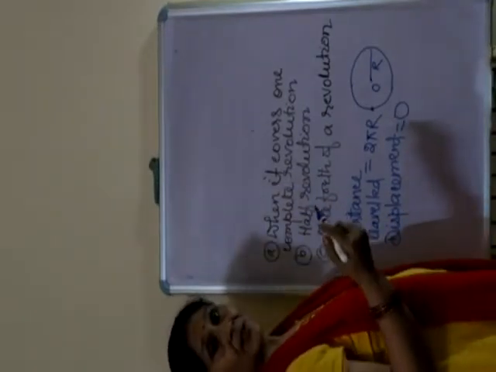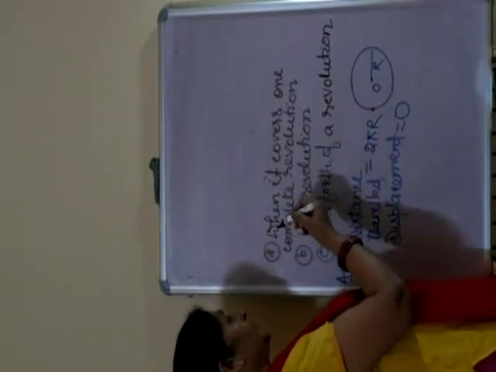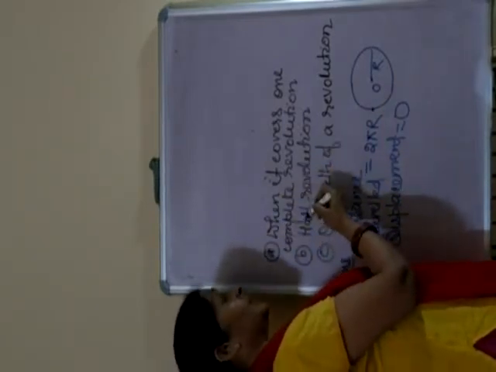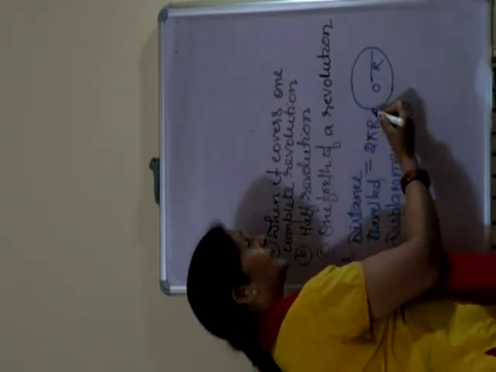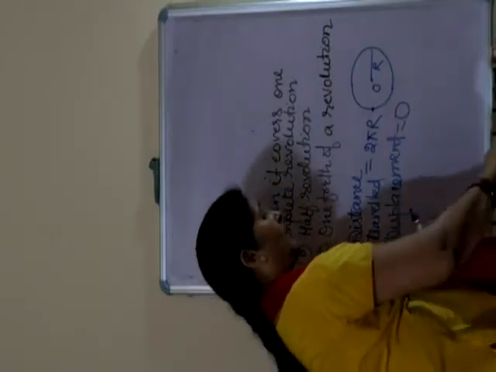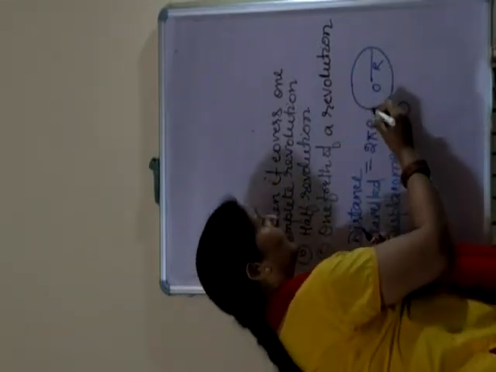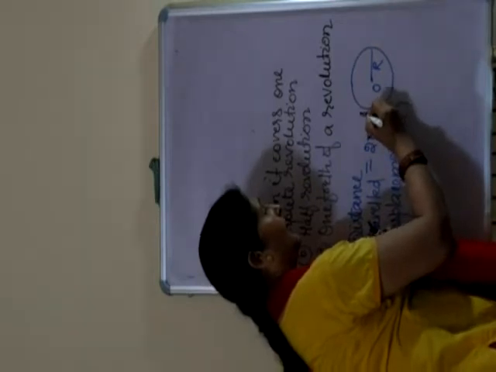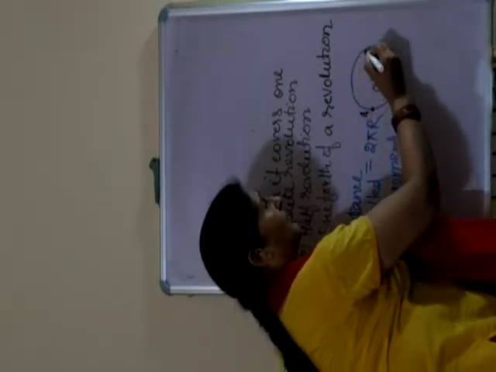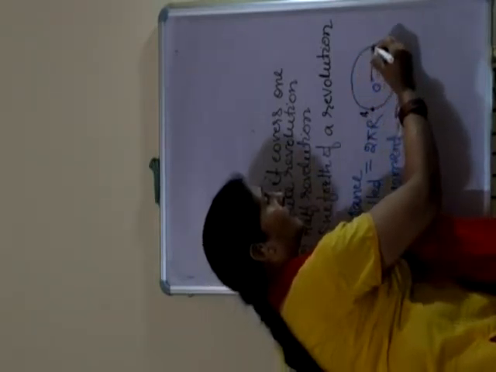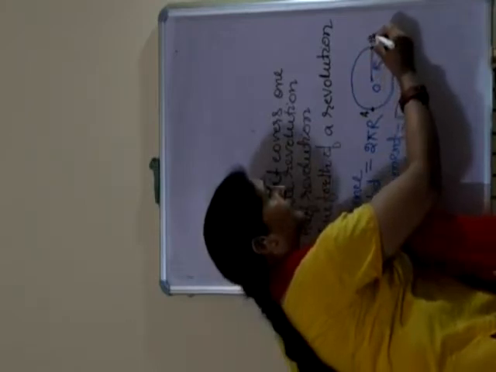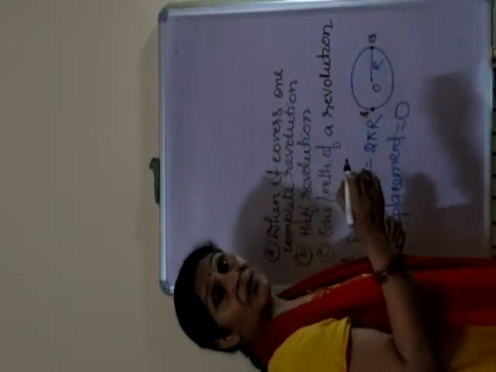Second part of this numerical is when the body completes half revolution, means it starts from here, A, and after completing half revolution it comes to this point, means half of its circumference.